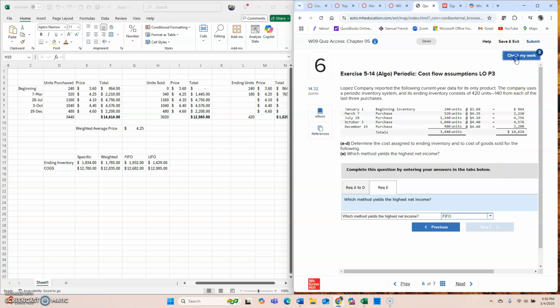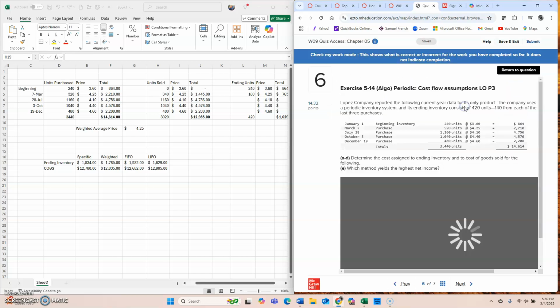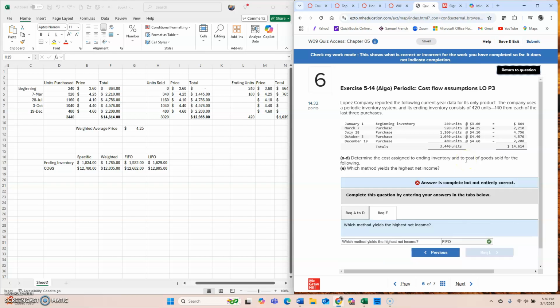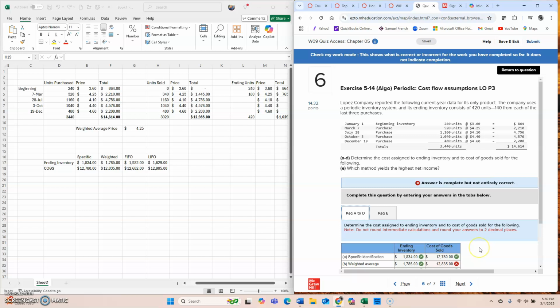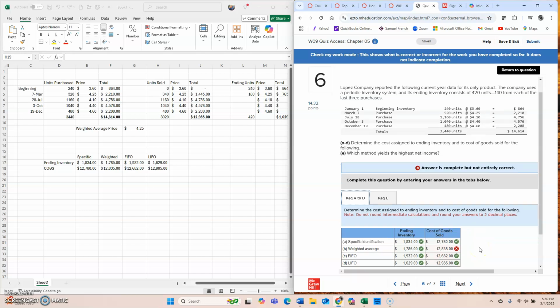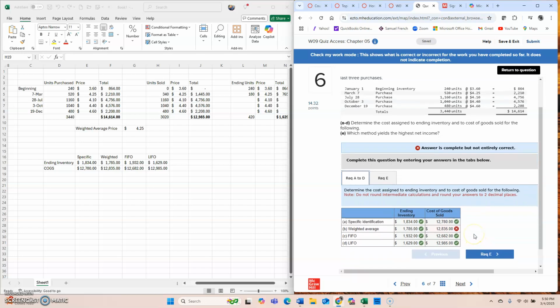And I'm going to check my work and see if I'm right. That's my guess. And I was right on there, but I'm wrong on something over here. 12,835. It doesn't like that number. I'm going to go back in and figure it out. So good luck.